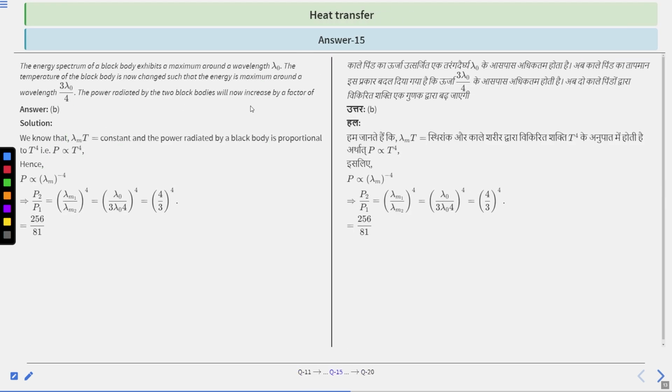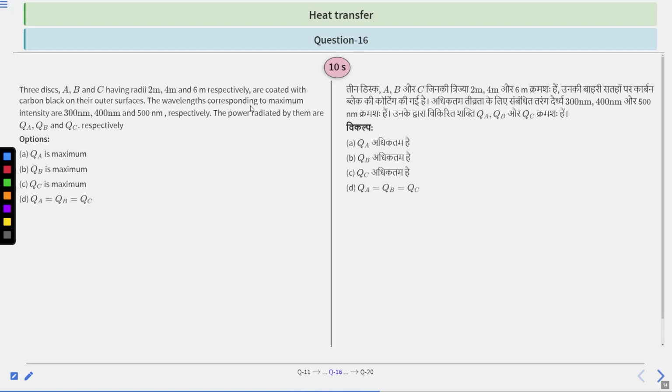Next question. Question 16. Three discs A, B and C having radii 2 meter, 4 meter and 6 meter respectively are coated with carbon black on their outer surfaces. The wavelengths corresponding to maximum intensities are 300 nanometer, 400 nanometer and 500 nanometer respectively.